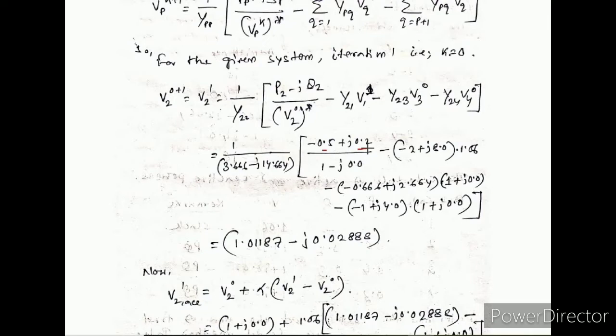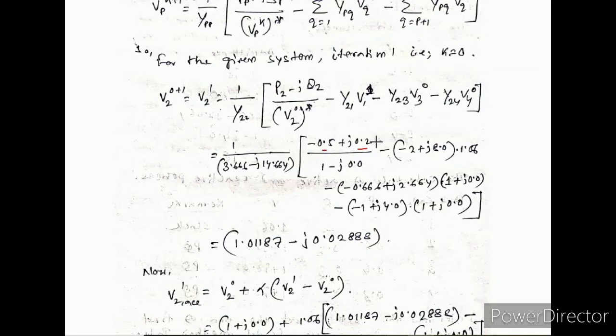V2 is a load bus, which is why the power will flow from the generator bus to the load bus. That means the load bus is receiving the power and the generator bus is supplying the power. As the load bus is receiving the power, whatever value we put in case of load bus will be negative.